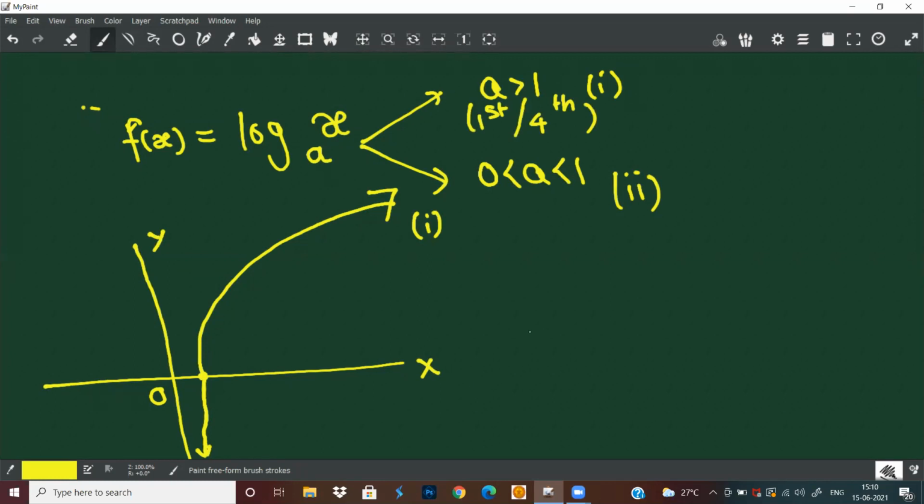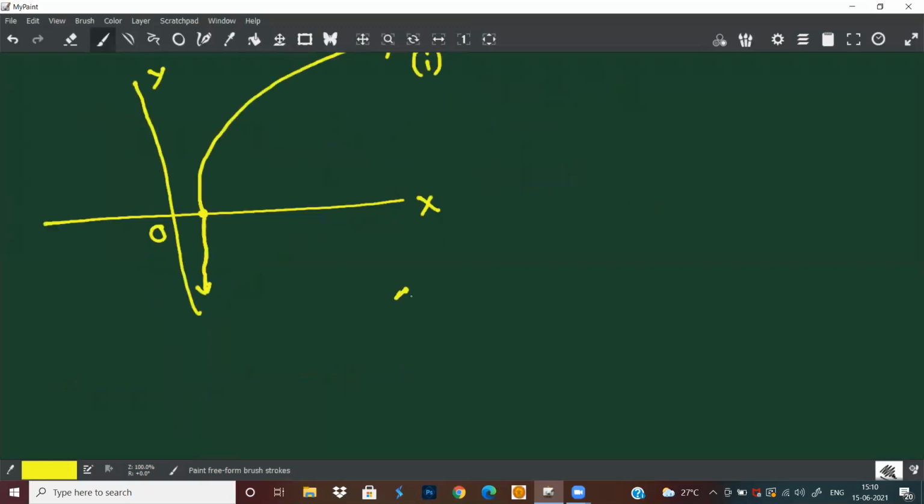Now, can I show you the second part, which is 0 less than a less than 1? You want me to draw the separate graph? For the second case, it also lies in the first and fourth quadrant, and again it will meet (1, 0) only.